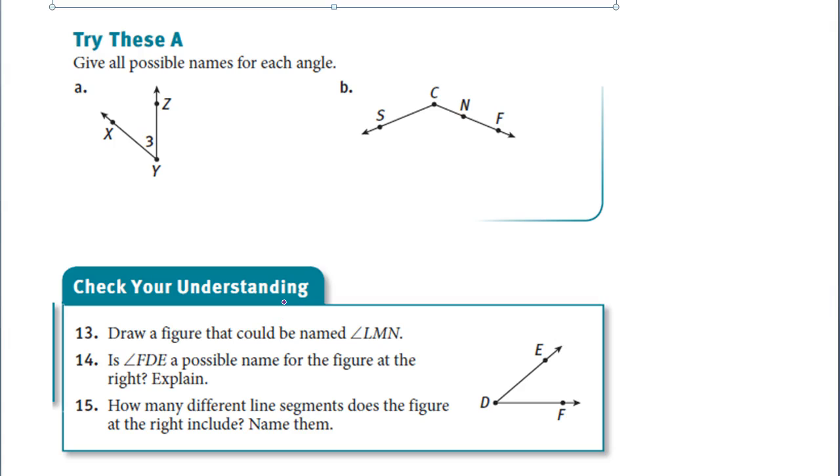I'll pause the video for you. Question 13. Draw a figure that could be named angle LMN. Question 14. Is angle FDE a possible name for the figure at the right? And explain. Question 15. How many different line segments does the figure at the right include? And name them.